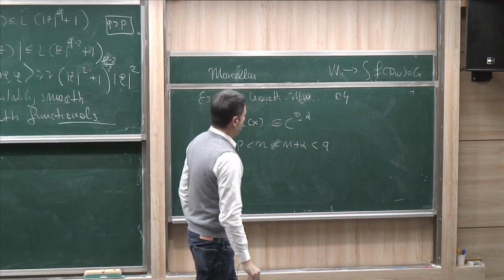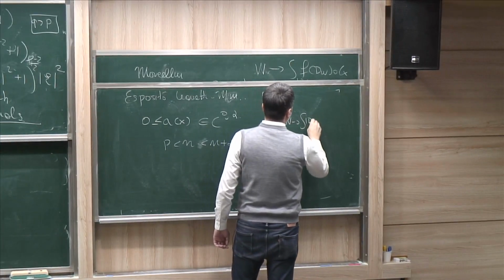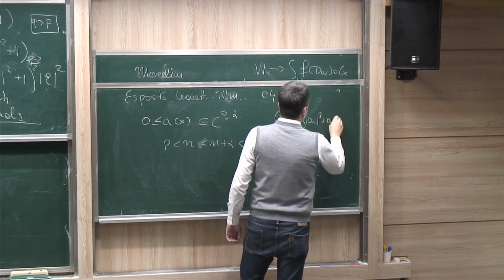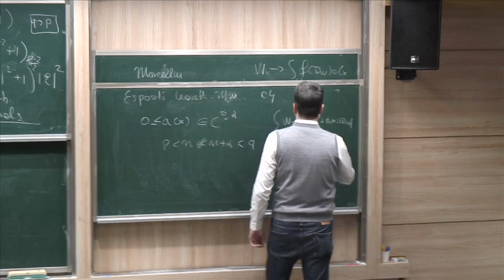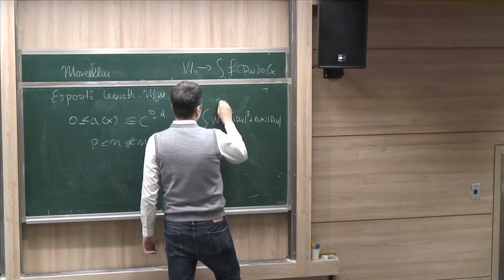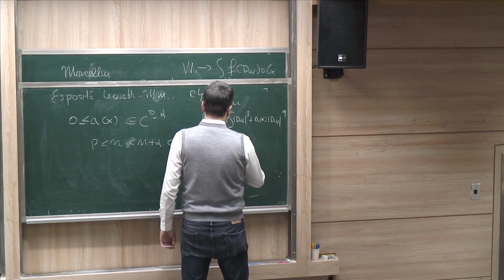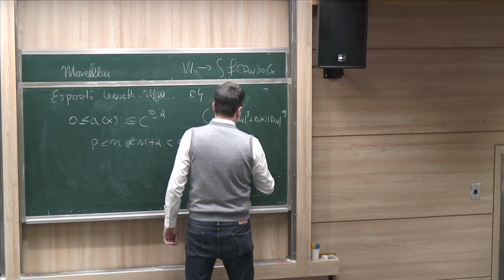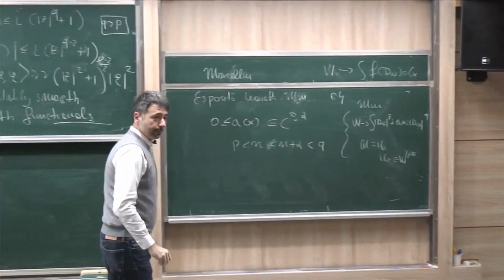And then you get a solution to this Dirichlet boundary problem. It minimizes this one. U is Lipschitz. And you get a solution.